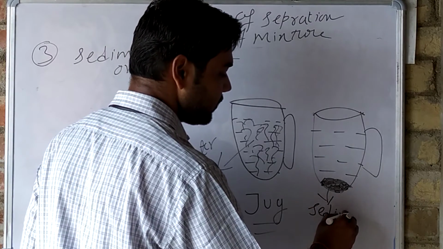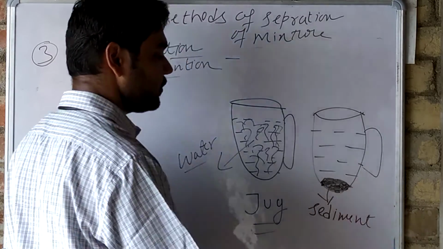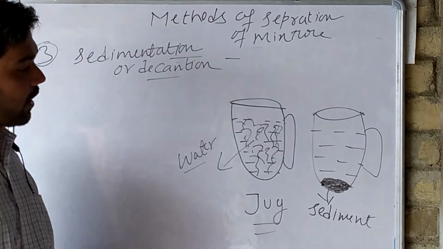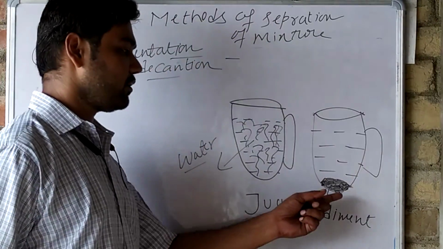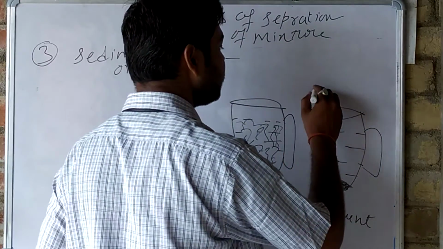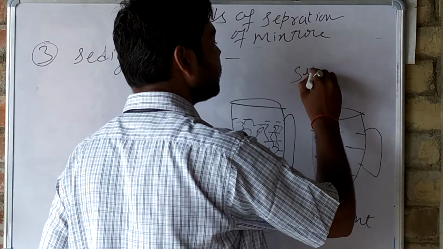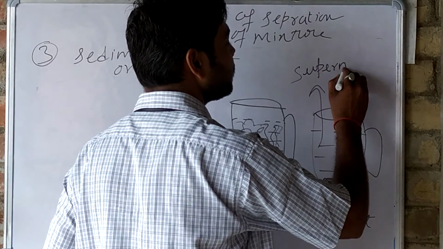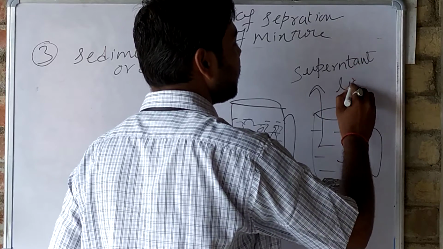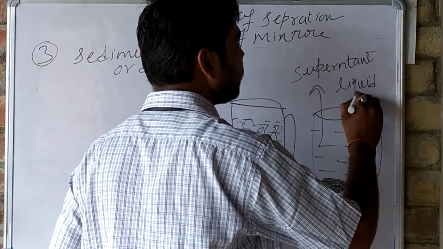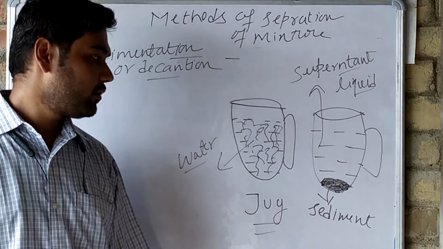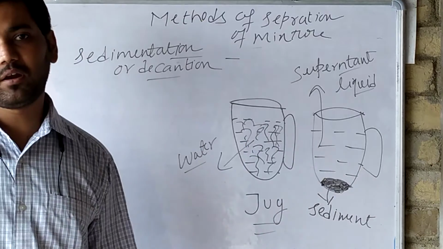And the liquid which is above the sediment is known as supernatant liquid. This is known as the process of sedimentation.